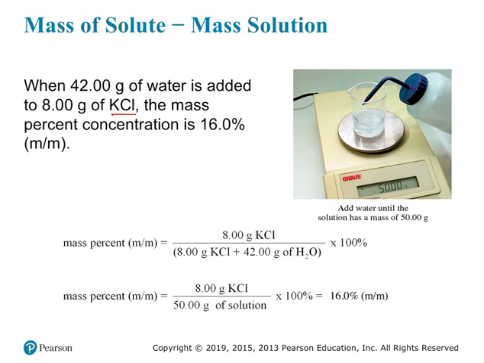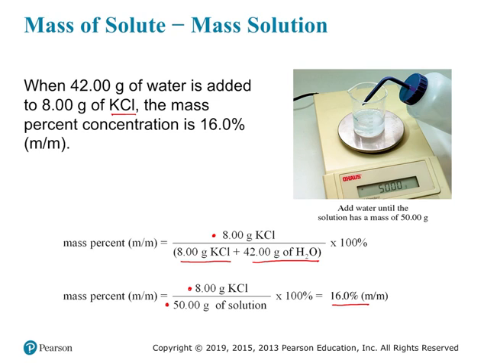What we would do is take the 8 grams of our solute, which is potassium chloride, and divide that by the sum of the mass of the solute and the mass of the solvent. So really this would end up as 8 grams of potassium chloride over 50 grams of solution, because 8 plus 42 is 50. And then when we plug that into our calculators and multiply by 100, we get 16% as our mass percent.